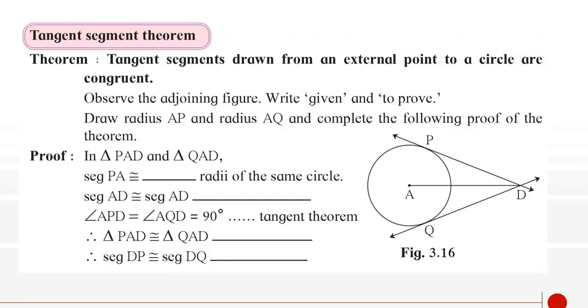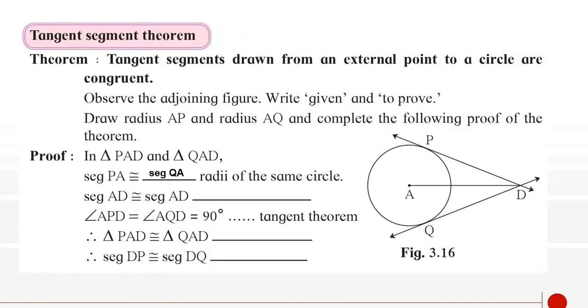We have to join AP and AQ. So in triangle PAD and triangle QAD, we have segment PA congruent to segment QA, and the reason is they are radii of the same circle.